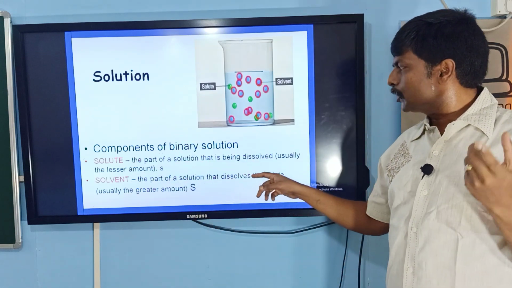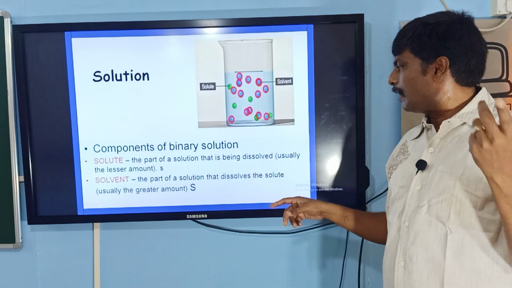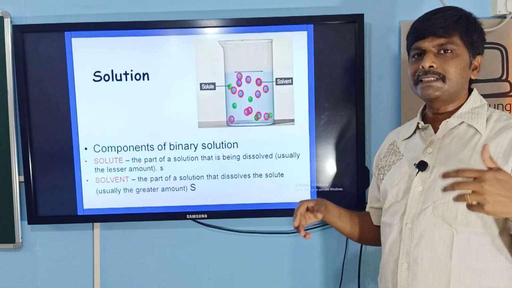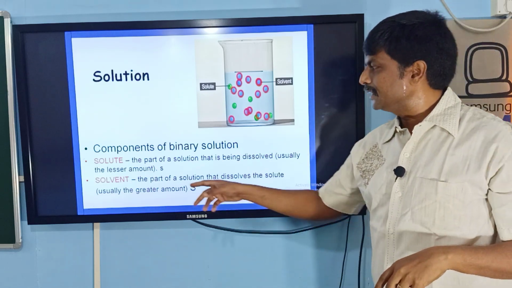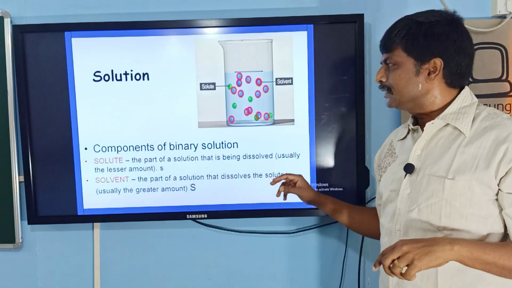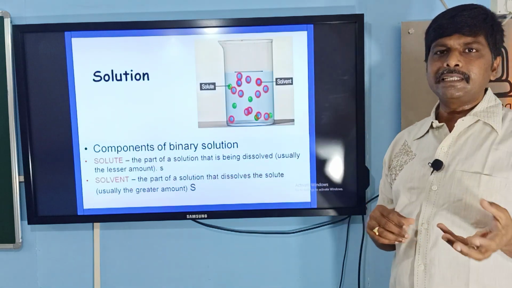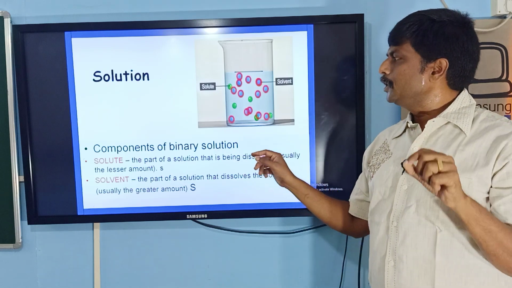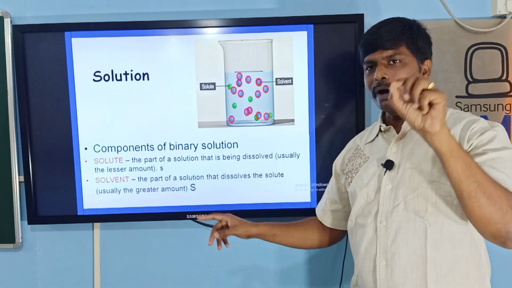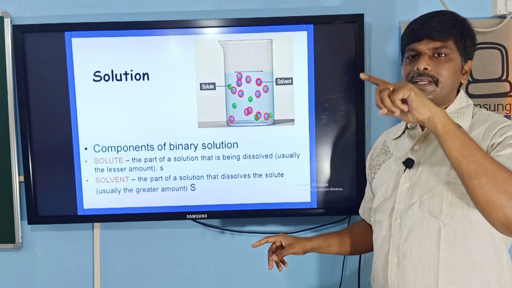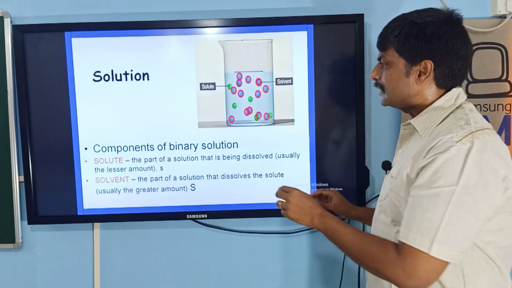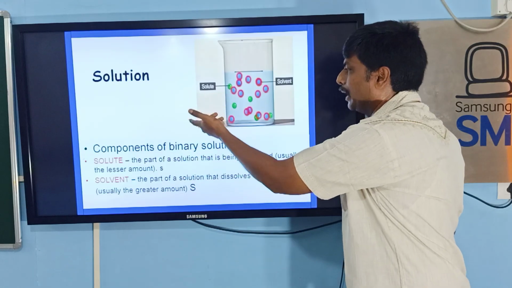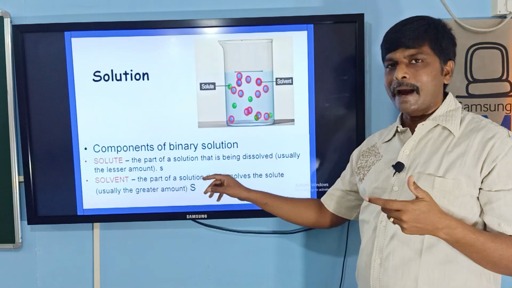The part of a solution that dissolves the solute, that means that provides a medium, that is called solvent. Generally, while notating, you have to remember during solving of numericals, solute you will denote with a small s, solvent with a capital S, because solute is the smaller component, small s, large component, capital S.